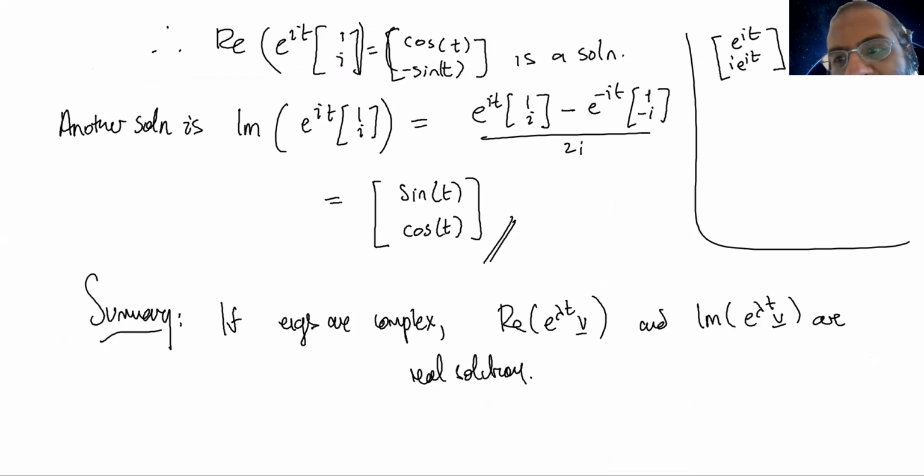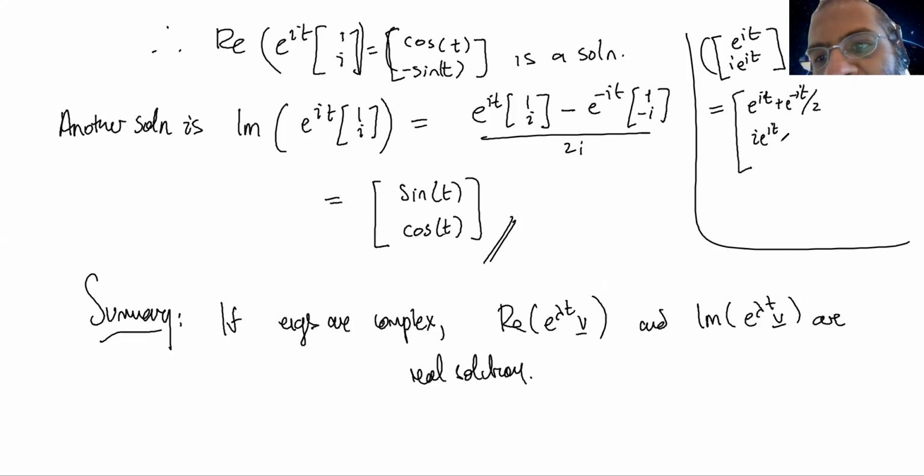Now let's look inside each entry. You get e to the it plus e to the minus it divided by 2, and then you get I e to the it plus minus I e to the minus it divided by 2.